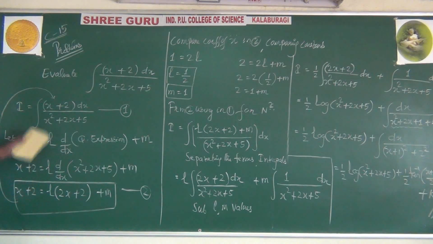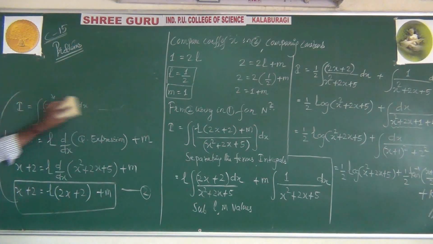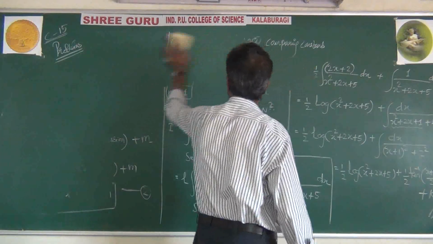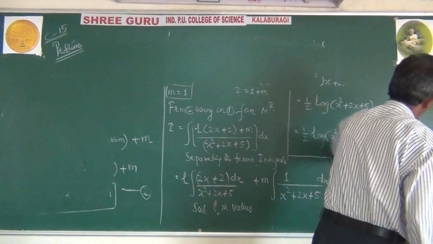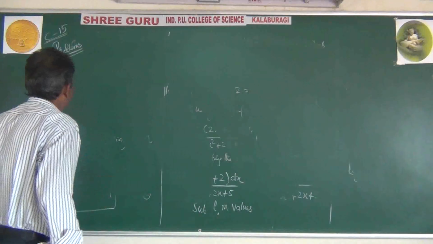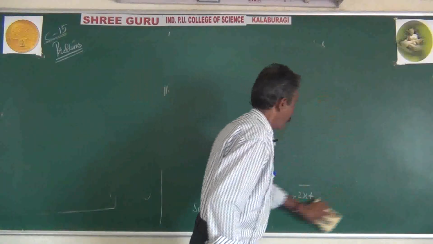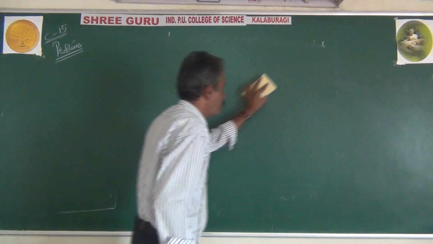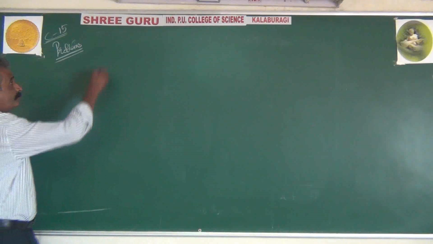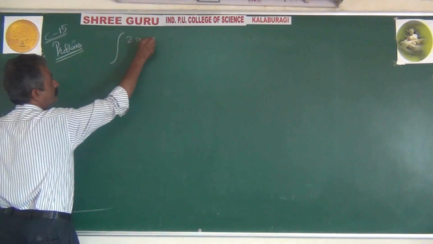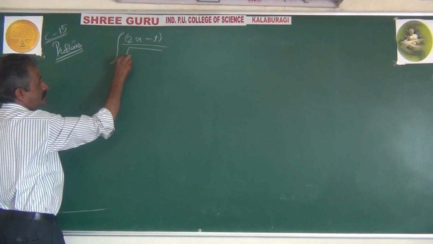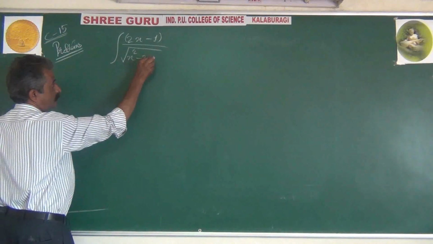Next problem. Evaluate or find the integration of 2x minus 1 whole divided by square root of x square minus 2x plus 2.